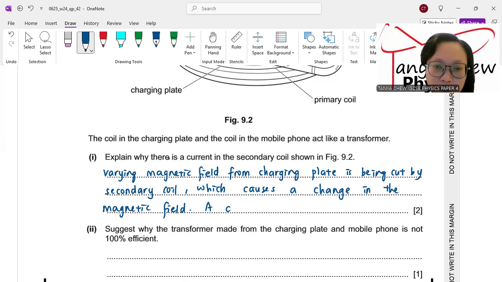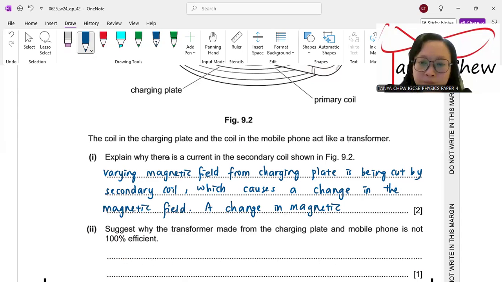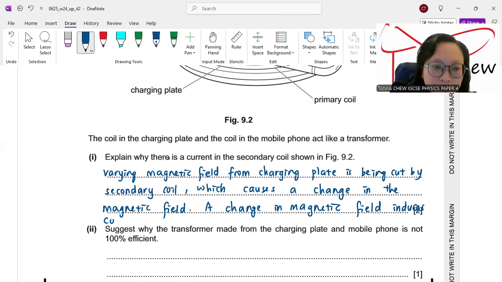A change in magnetic field induces current in the secondary coil. That's it.